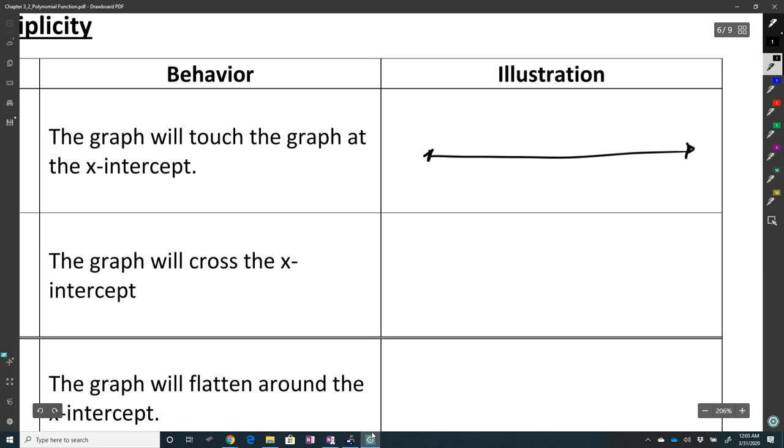So if an x-intercept or a 0 happens an even number of times, what happens is the graph will touch the x-axis and bounce off it. It looks like a parabola. The book uses the word touch. I like to say bounce because it looks like it's bouncing. The graph touches, or you can say bounces.